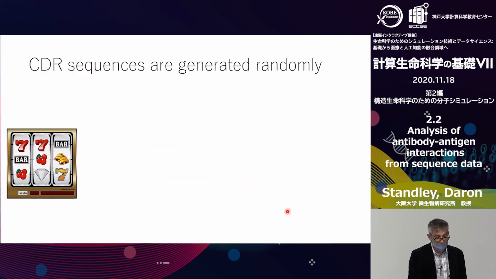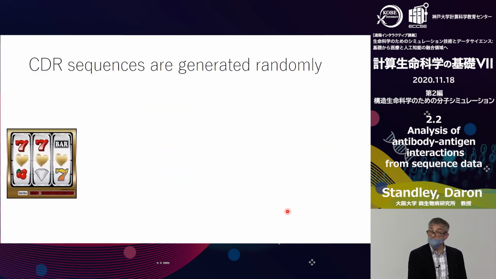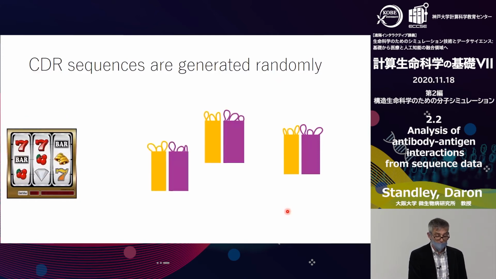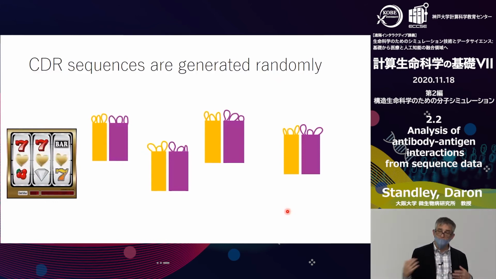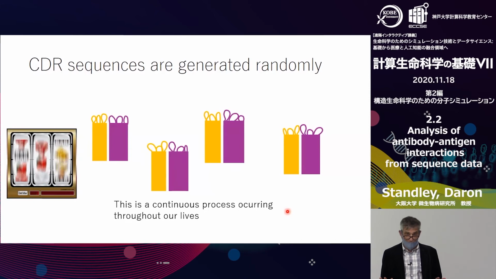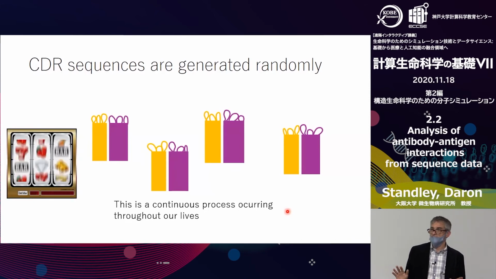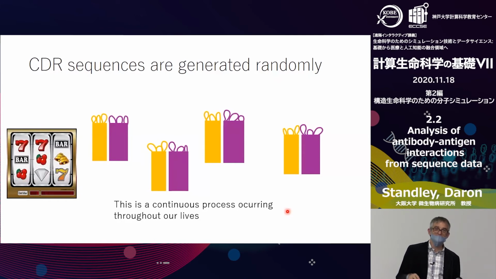And these CDR sequences are generated randomly inside your body, inside the B cells. So each B cell makes a certain combination of CDRs, and you have so many B cells in your body that you have so many different antibodies. This is continuous. This is happening right now in all of our bodies. If we are healthy, we are making new B cells with new CDRs.